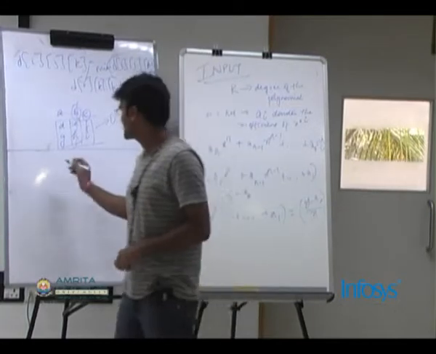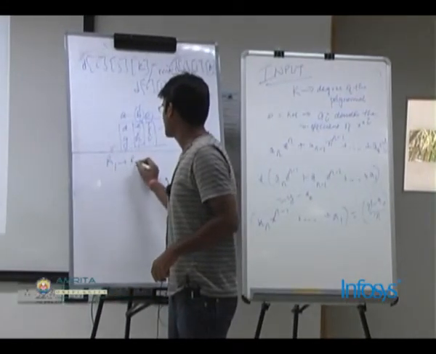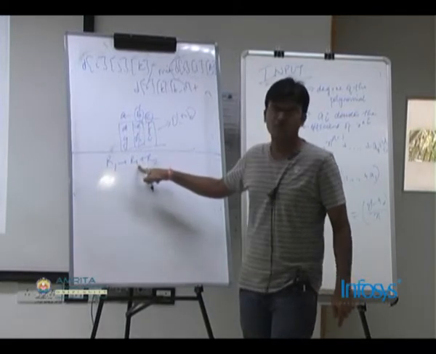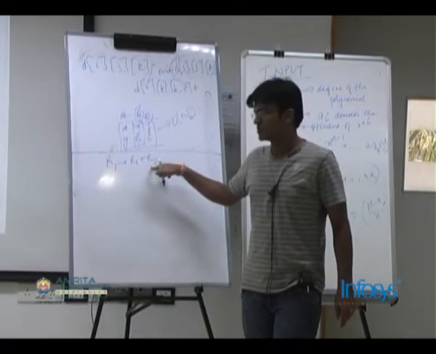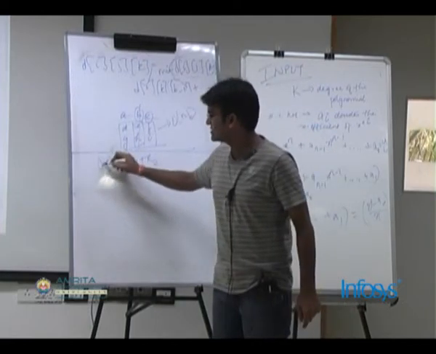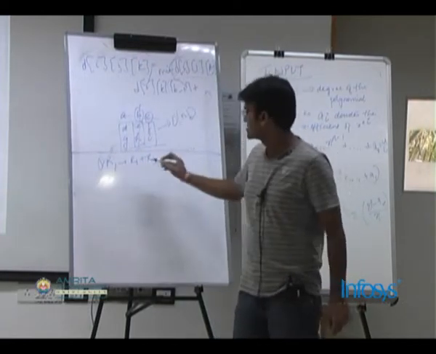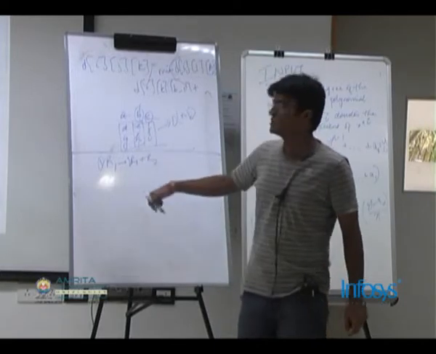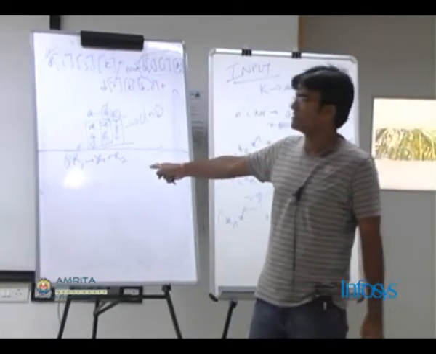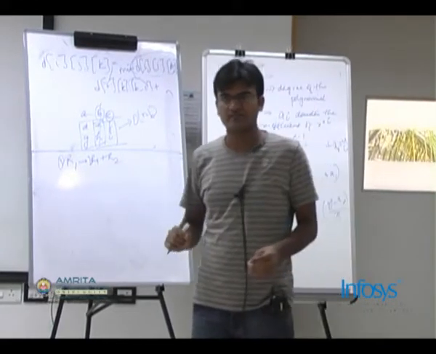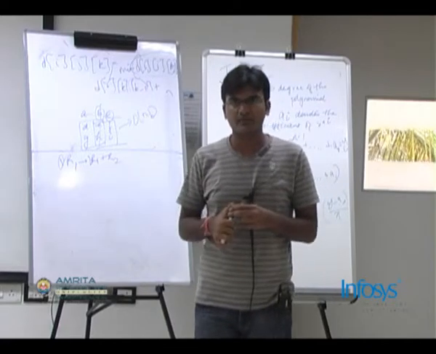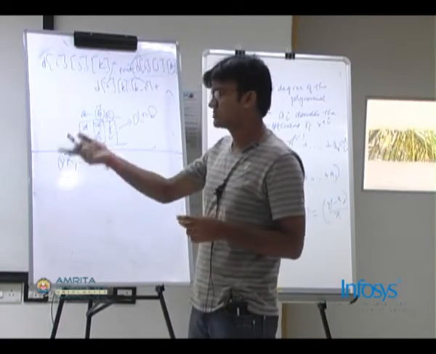Basically, you're doing some operation like R1 goes to R1 plus R2, which means you're transforming row 1 as the sum of row 1 plus row 2. Whenever you are doing a row transformation like this, in which the coefficient is 1 here as well, then the determinant remains unchanged. And similar is the case for the column transformations. Okay? Next slide.